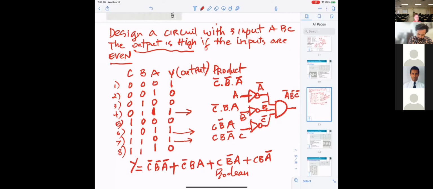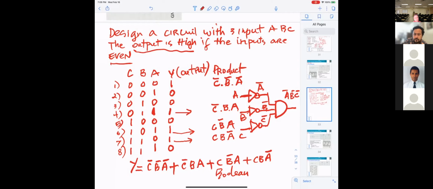So up to this point, do you have any questions? The only thing I want to emphasize to you is to try to understand the truth table for 2, 3, and 4 variables.